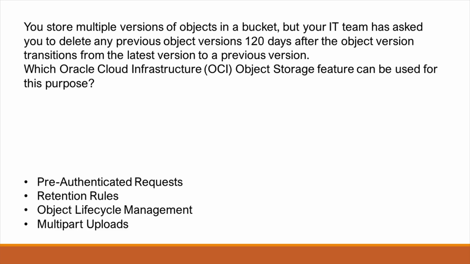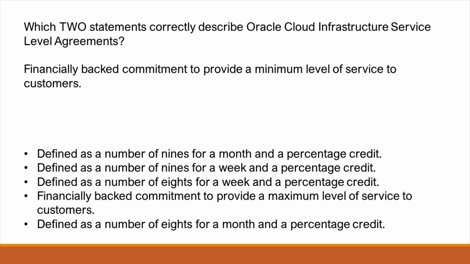Options we have for this question are, pre-authenticated requests, retention rules, object lifecycle management, multi-part uploads. Correct answer for this question is option 3, Object Lifecycle Management, because Object Lifecycle Management works by taking automated action based on rules that you define. Let's talk about this question.